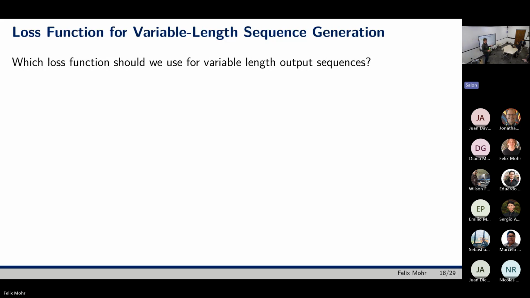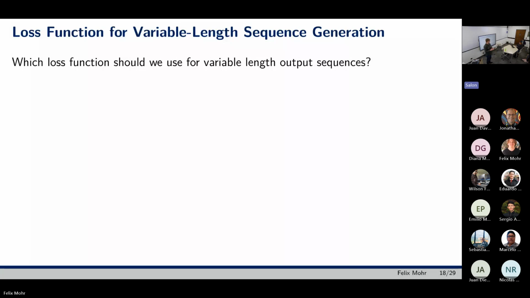Okay, we now see how we can syntactically do this, but another interesting question is, what should be the loss function if we train a network on these variable length output sequences? Because for inputs, it's not relevant. The loss only refers to the output, and whether the input is variable length or not is not relevant for the loss.